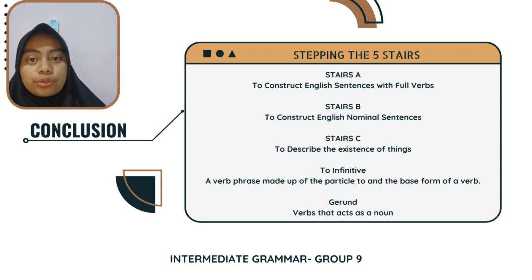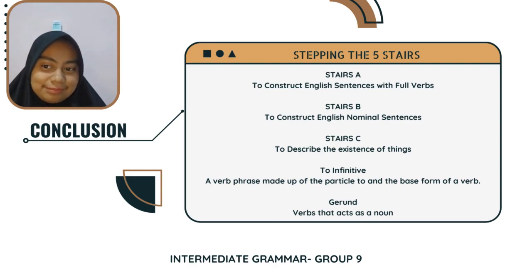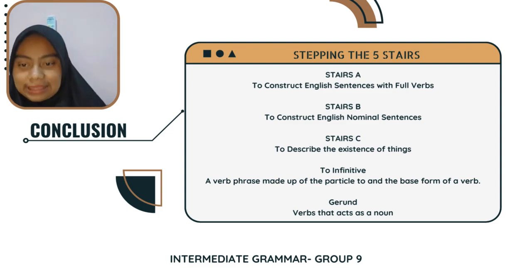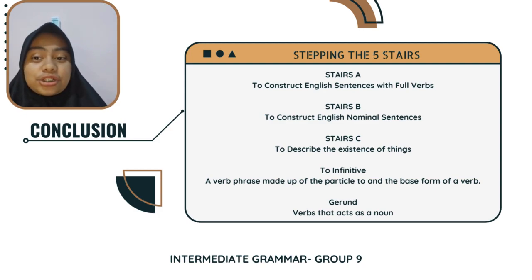A gerund could also be a direct object. The example is, Bianca enjoys reading novels. Reading here is a direct object. And then the last is indirect object. The example is, she stopped mocking people. The mocking here is an indirect object.